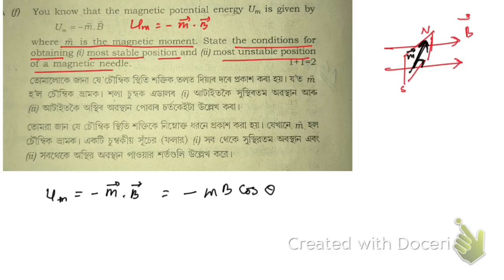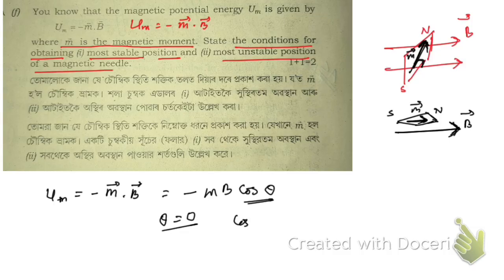Now you see, when this is the magnetic field and this is the magnetic needle, when they are parallel, south to north is in this direction. This is the magnetic moment vector, south to north. If this magnetic field vector and this magnetic moment vector are parallel, then theta will be 0, and cos 0 is equal to 1.